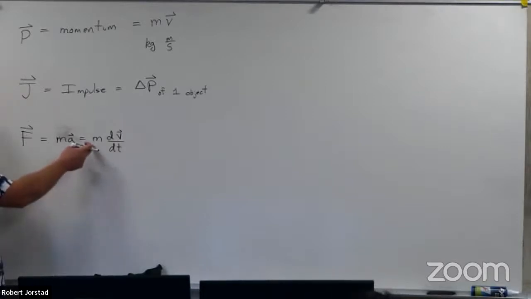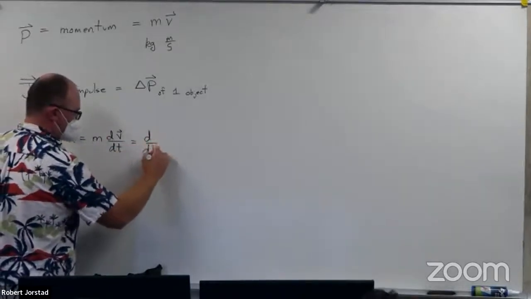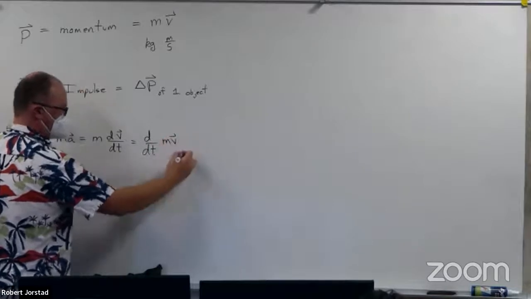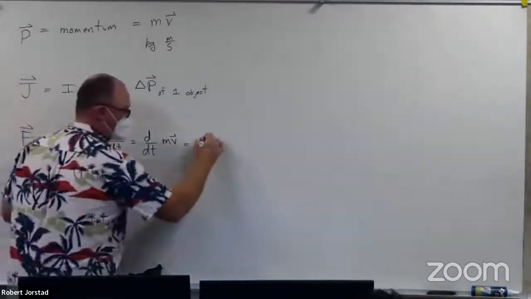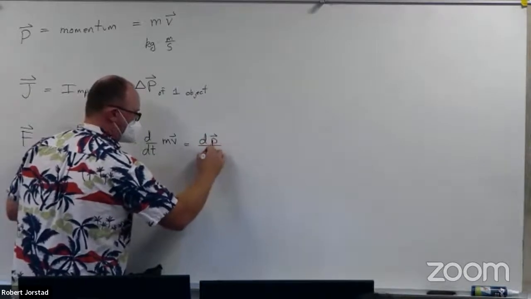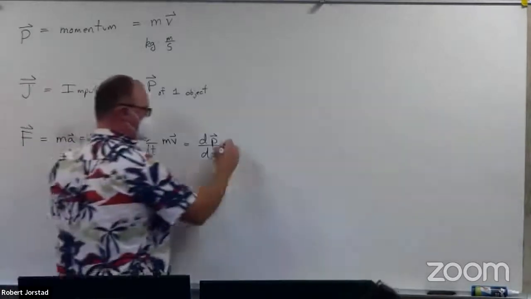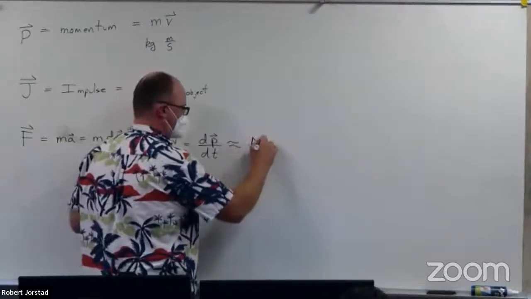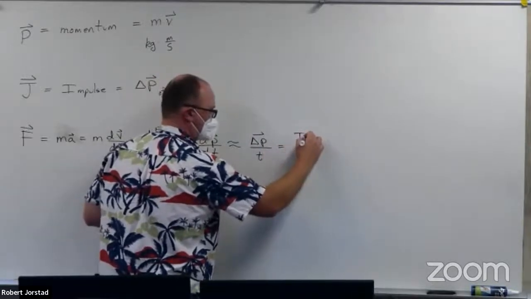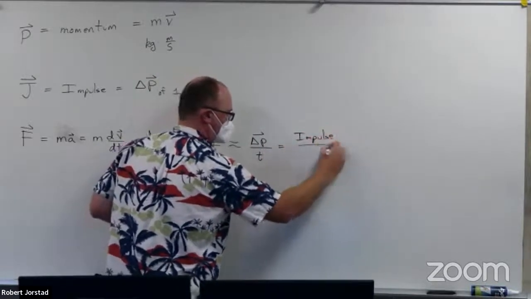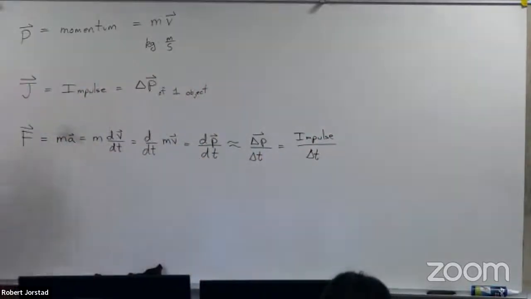What if mass was a constant? You could bring it inside, couldn't you? What's mv? Momentum. So it turns out this is approximately equal to the change in momentum over delta t, and I'm going to use a delta t there.